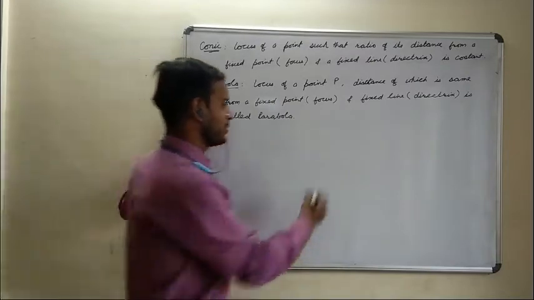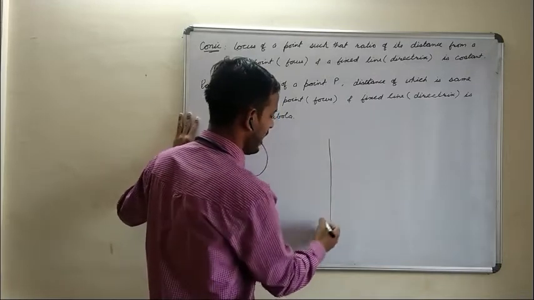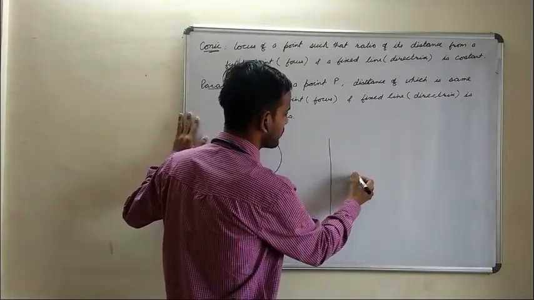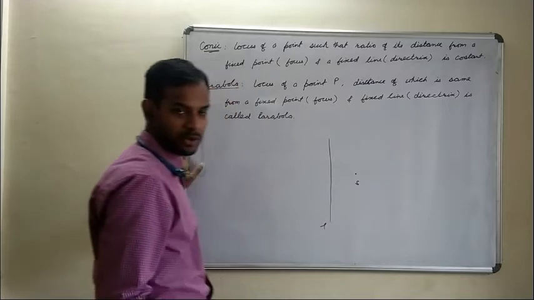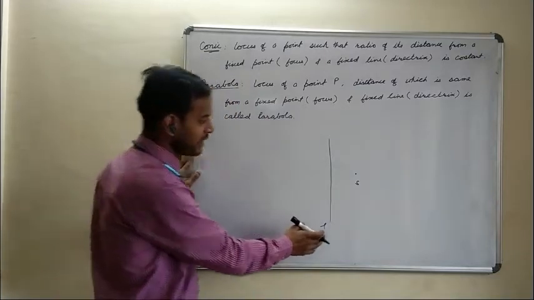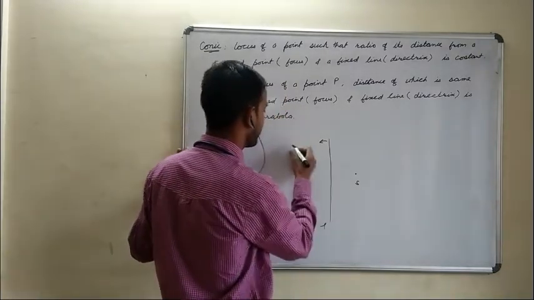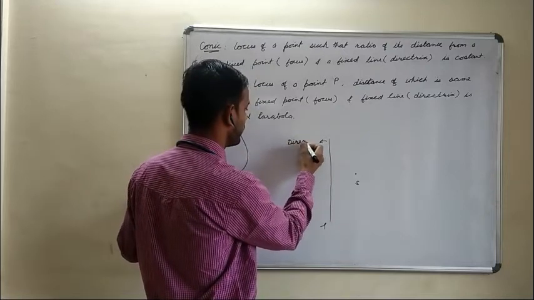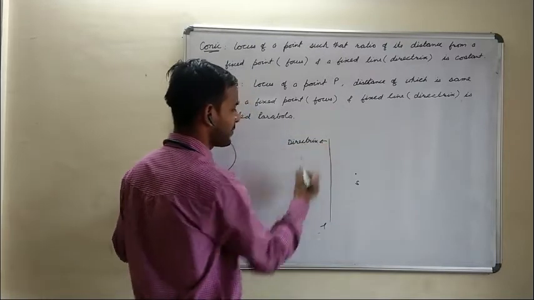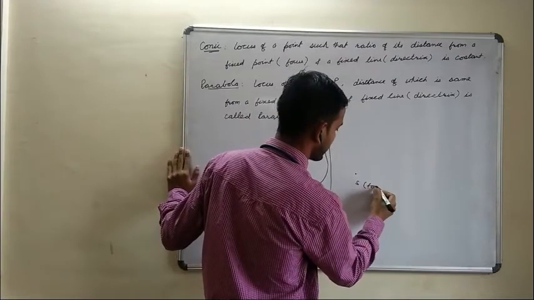So let us suppose this is a fixed line L, this is the fixed point S. Okay, so the fixed line is directrix and the fixed point is focus.